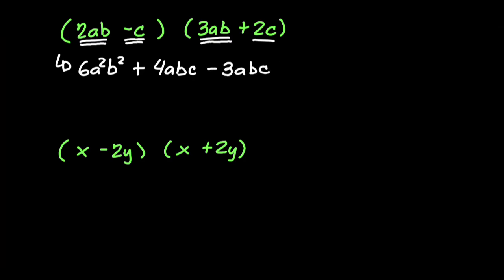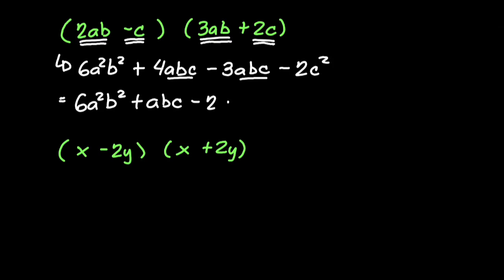And multiply negative c by 2c, which would be negative 2c squared. Now, combine like terms. You can see here there are similar terms, which is abc. So the final answer would be 6a squared b squared. 4 minus 3 would be 1. So it will be plus abc minus 2c squared. Rearrange this if you like, but I will just leave it as it is.